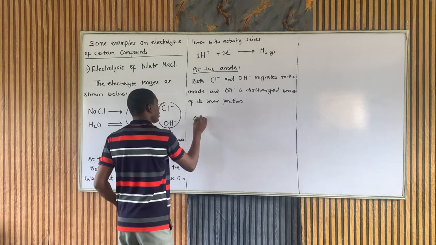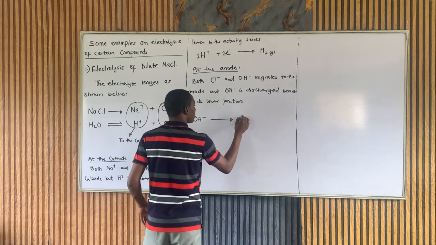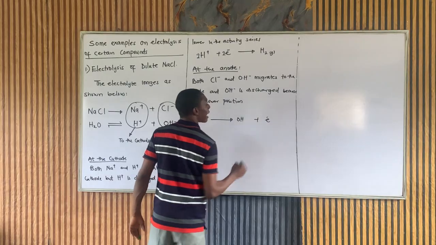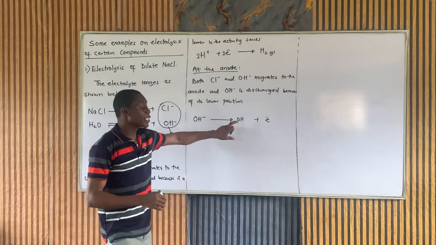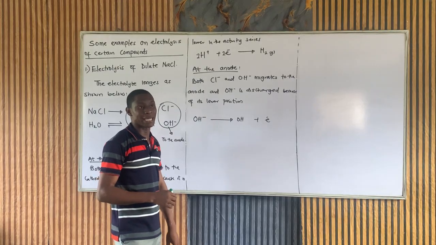Now how is OH discharged? You see, OH gives out its electrons and becomes neutral. But OH is not a compound that exists on its own. It actually changes to water and oxygen. And how does that happen?